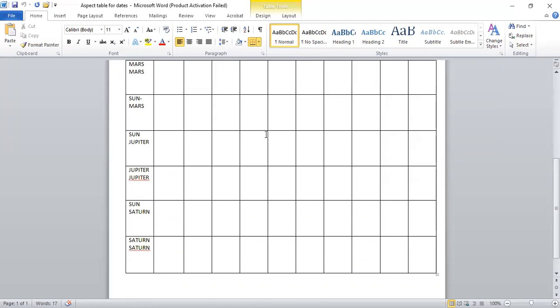Same with Saturn to Saturn. This is a 28, 29-year cycle, so this is going to be a much wider time. Actually, last year was my Saturn return, so that's when my Saturn is together.